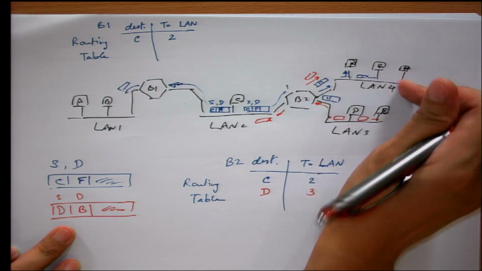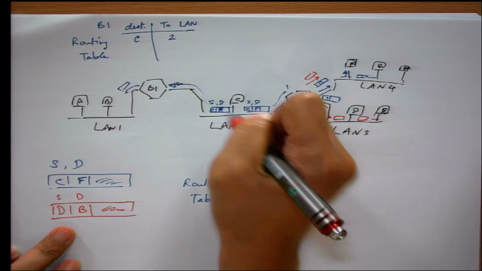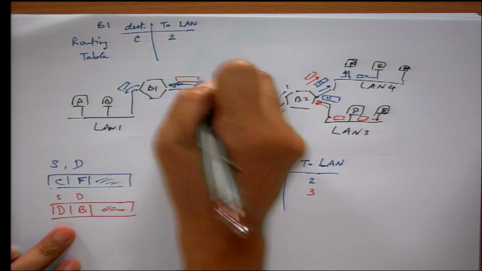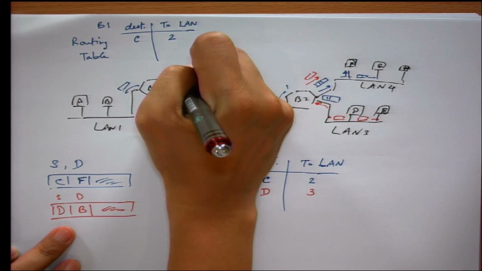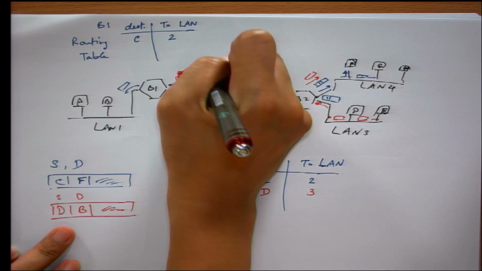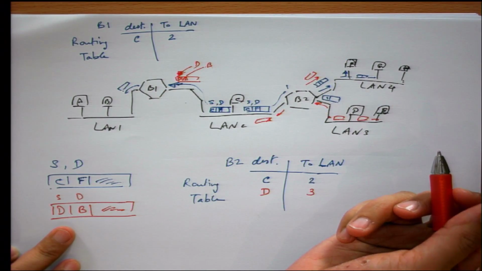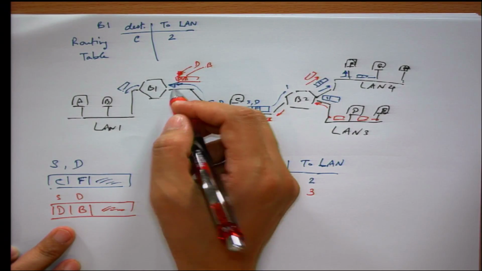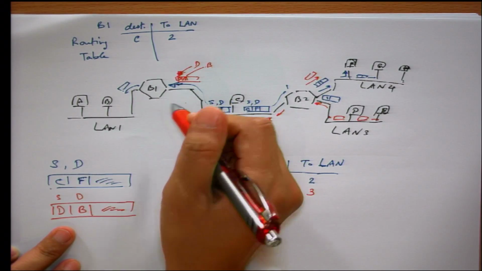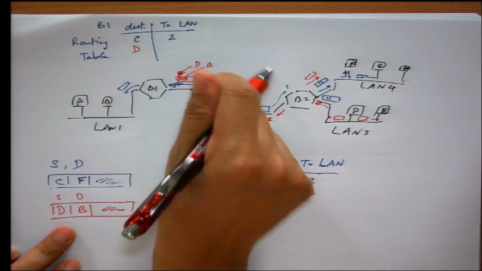This one goes to a LAN with no B, doesn't matter. This one goes on. Then bridge 1 sees this one with D and B, so the source is D and the destination is B. So bridge number 1 knows that if I want to go to destination D in the future, I have to go to LAN what?